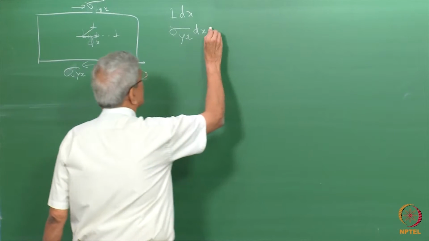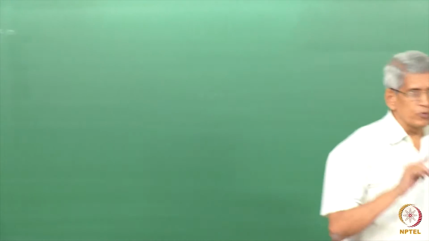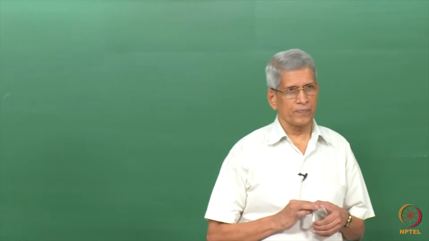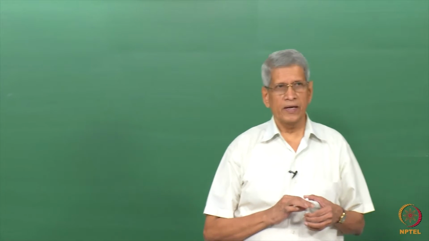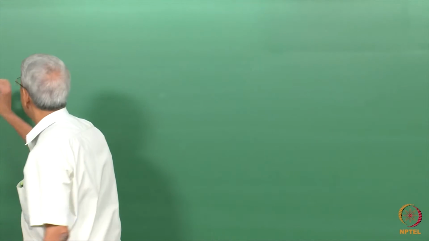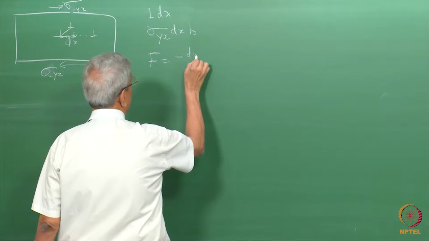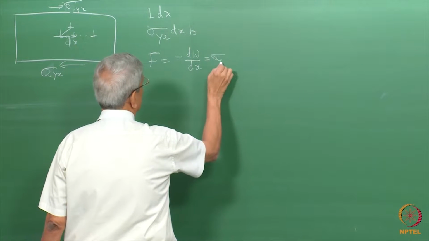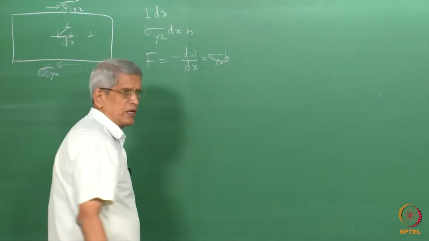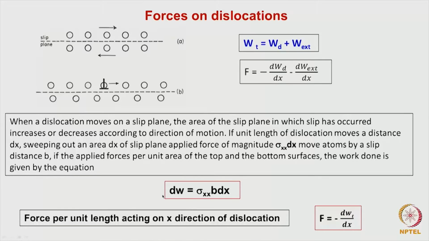If you put that displacement into account, we get the work which is done to move the dislocation. This is a form of energy, and the force is nothing but minus the derivative with respect to dx, which turns out to be σyx into b. We have looked at the work, right? So this expression gives the total energy.